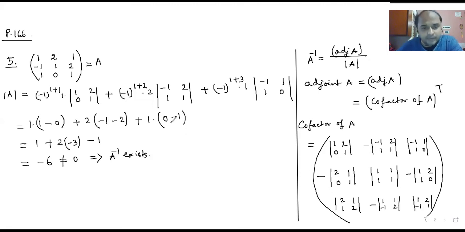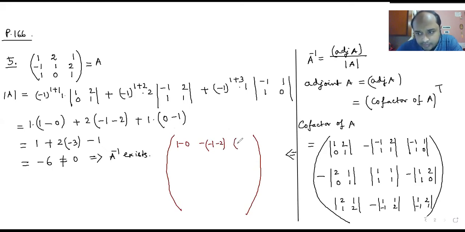And the last one will be positive, and that would be 1, 2, -1, 1. So that is my matrix of cofactors. What do we get from there? We get 1 minus 0, then -1, -2, then 0, -1. After that, -2, -0, then 1, -1.